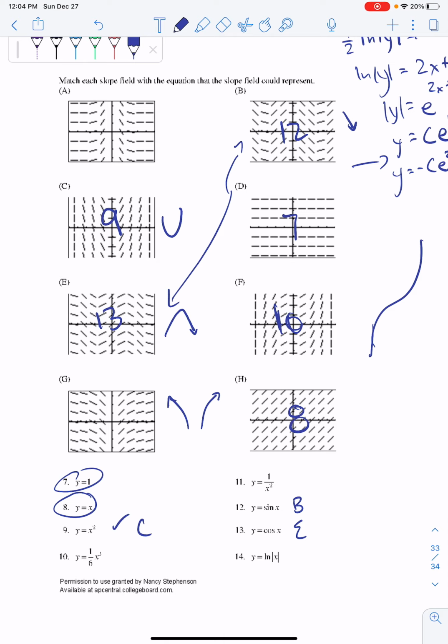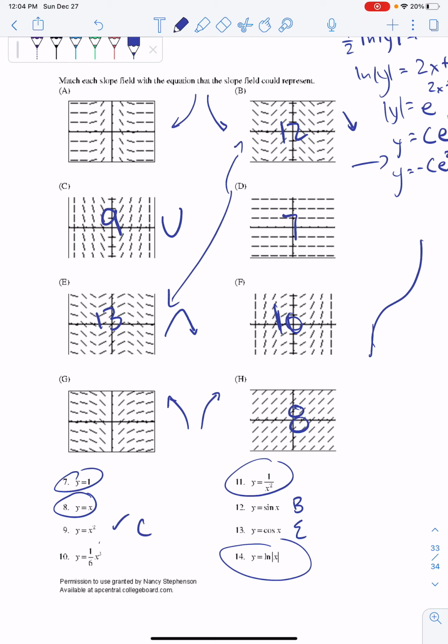The difference is our direction, right? Our slopes. On G, our slopes are positive as my x's are positive. So if I look at these two functions right here, I've got 1 over x squared and natural log of x.